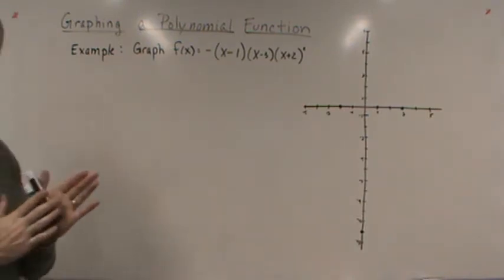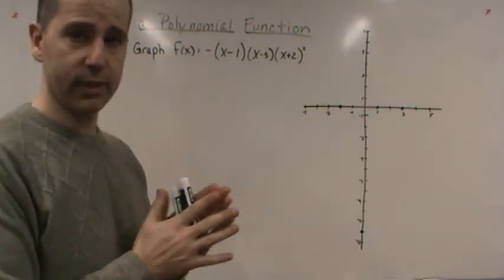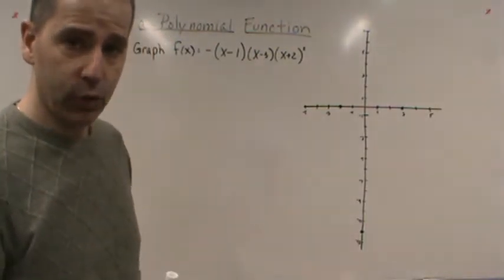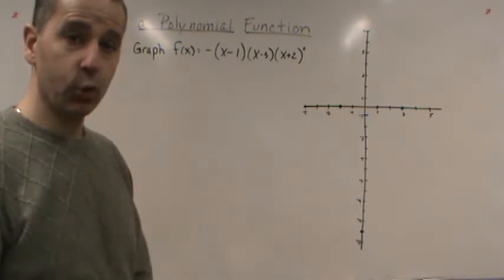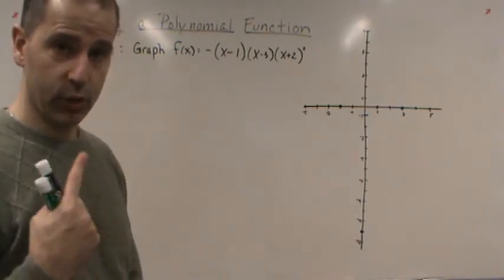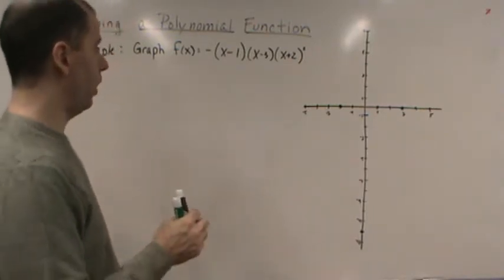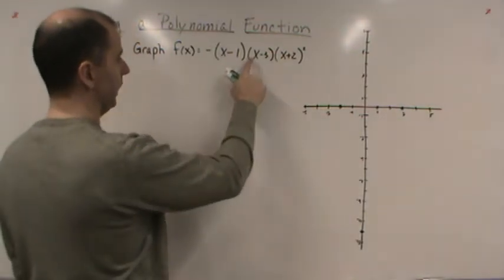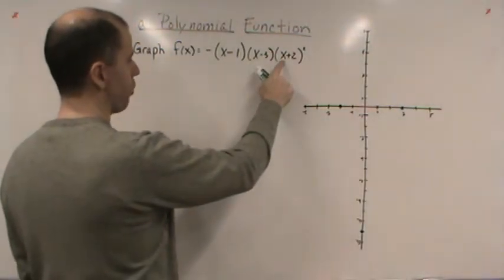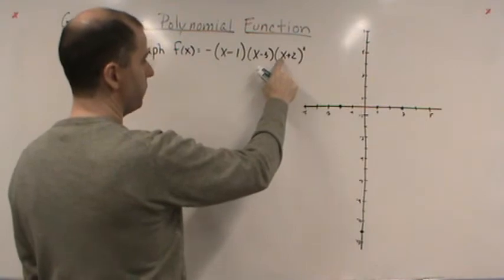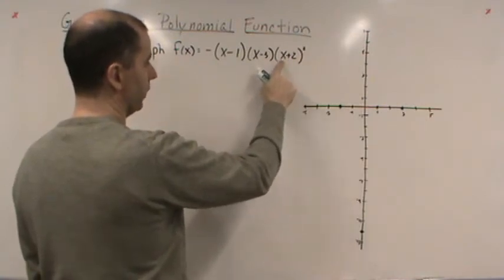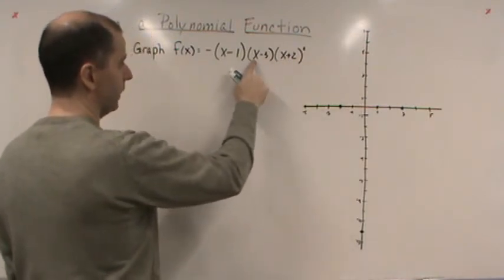So now, as far as end behavior goes, if it's in factored form, all we have to do is look at the degree of the leading coefficient, which means all we're going to look at is multiplying these x values. Because if we FOIL this, we're going to get an x squared here. Here we got an x, and here we got an x.